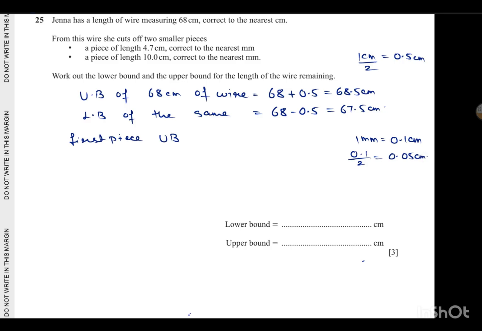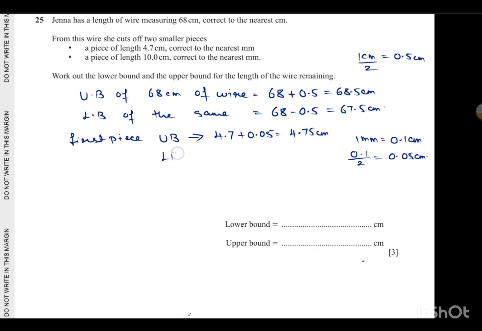So we will add those for upper bound and subtract for lower bound. Upper bound of the first piece is 4.7 plus 0.05, which is 4.75 centimeters.